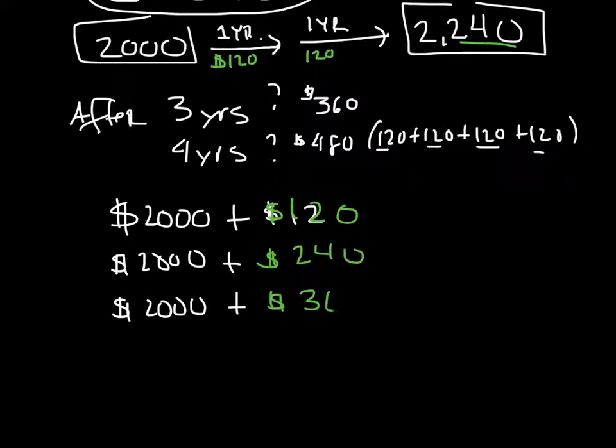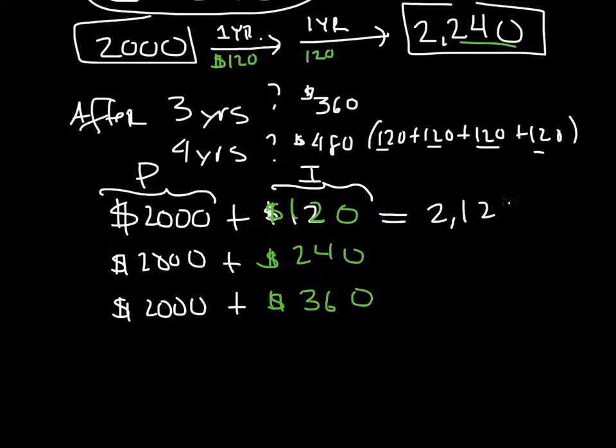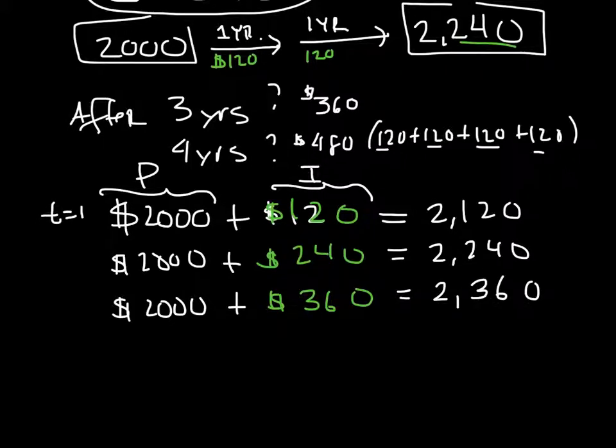After 3 years, 360, and so forth. So here is our principal P, and here is the interest that we generated, and of course we get 2,120, 2,240, and 2,360, after 1 year, after 2 years, and after 3 years.